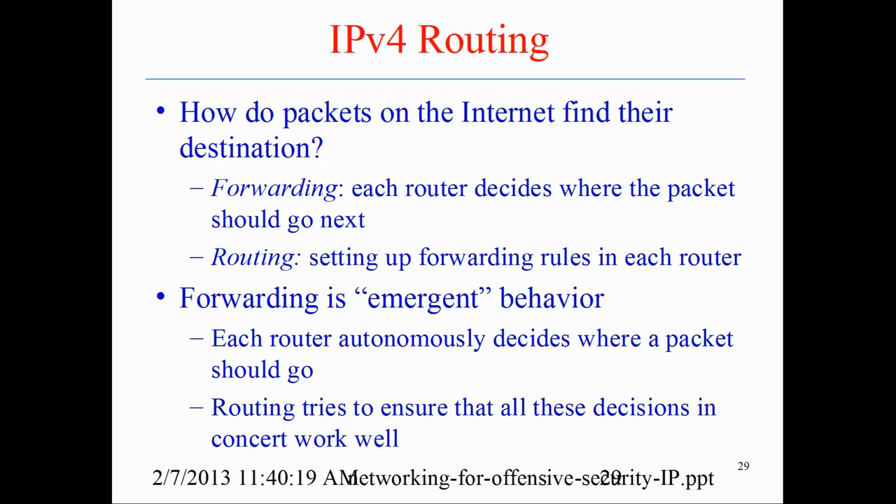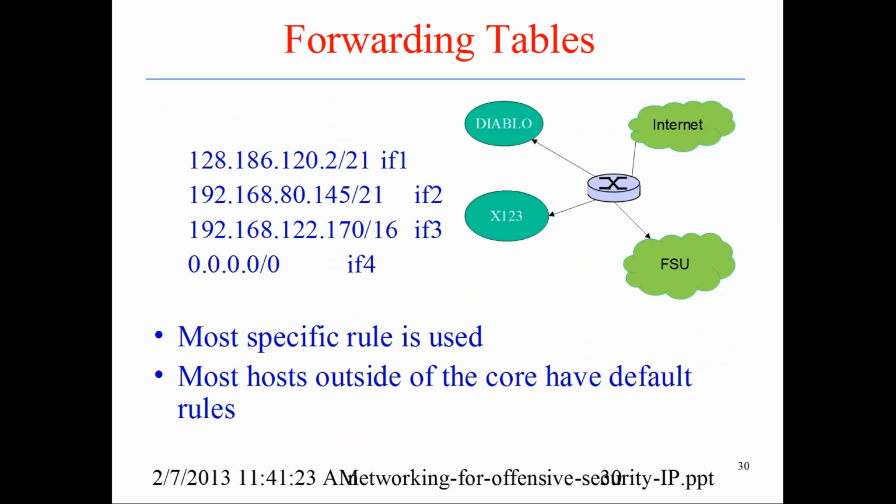These forwarding rules are either statically put in there, which is very rare, or they're handled by various routing protocols, which you may or may not have learned about already in other classes. Essentially the routers autonomously decide where a packet should go, and try to ensure that there aren't loops in paths and that paths are optimized.